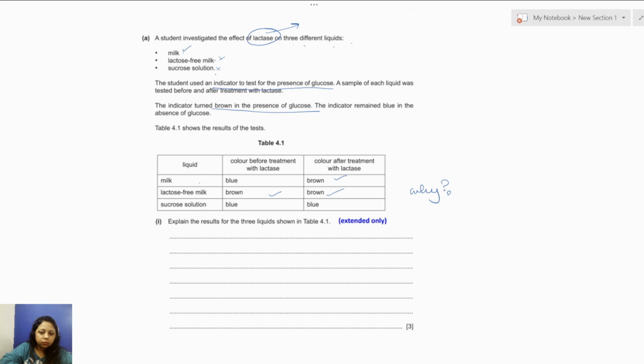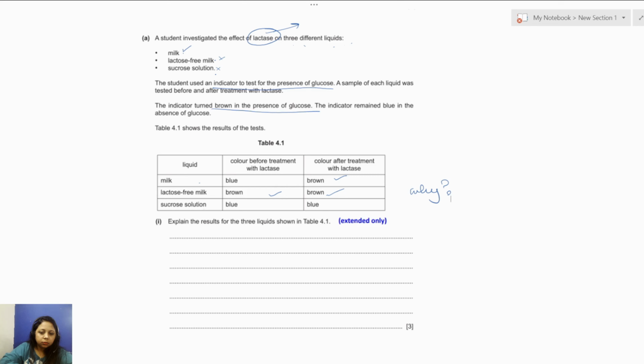Now you have to explain this result in your answer. Yes, in lactose free milk, it's an industrial process.